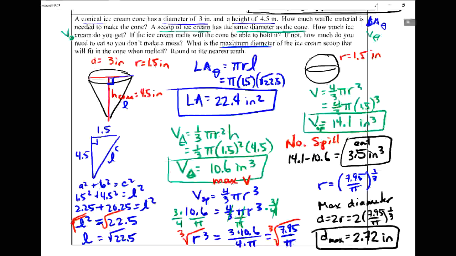Be careful with square rooting, cube rooting, squaring, and cubing. Your calculator knows how to do it as long as you put it in correctly. Use parentheses, draw and label everything, and then use your formulas. One formula at a time. All right, well, that is the end of chapter 11.